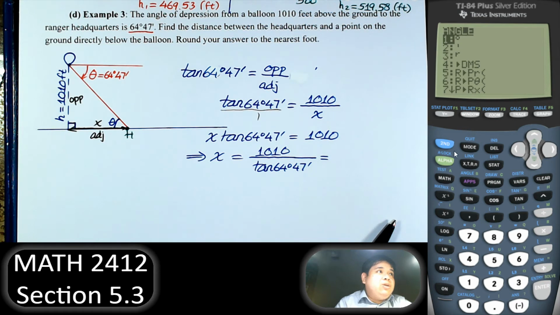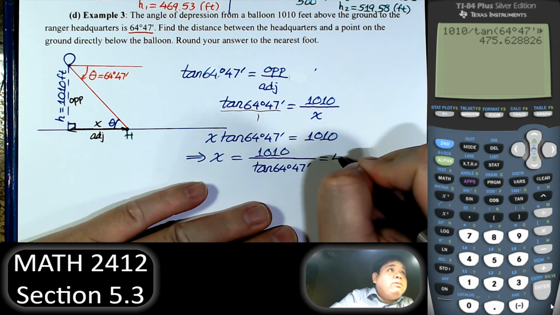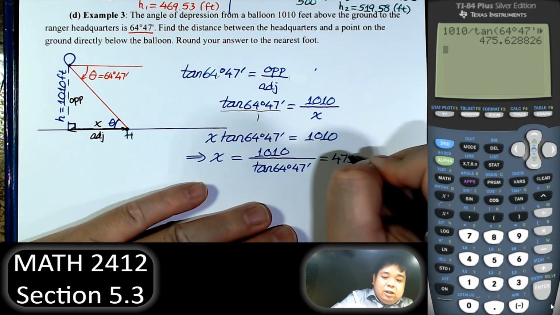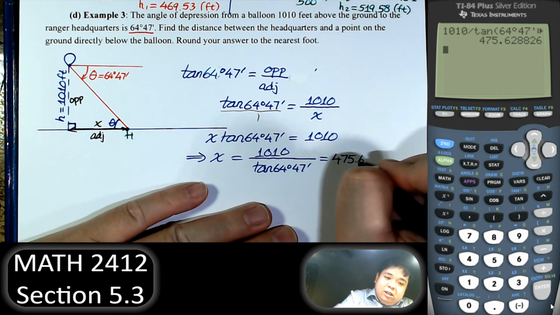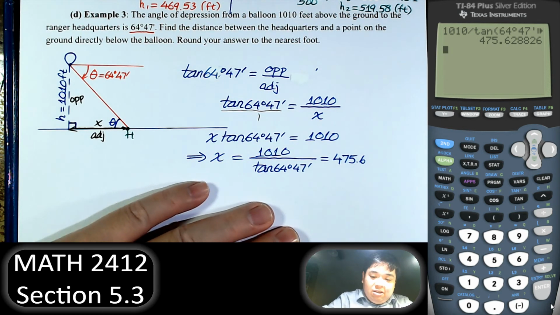That gives us the angle. So second angle, 64 degrees, 47. Hit that button again, minutes, and then 0 seconds. How do we enter seconds? You see this is the quotation mark here. Actually that works as the seconds as well, right? That gives us 475.6 to the nearest foot. So 476 feet.